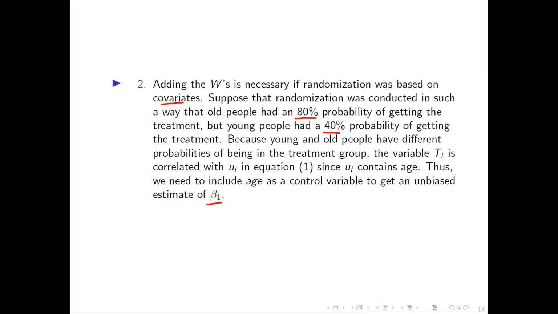And if our treatment variable is correlated with the error term, then we would get a biased estimate of the beta. But it's quite simple to avoid this bias. It's just to include the relevant variable in our equation as a control variable.